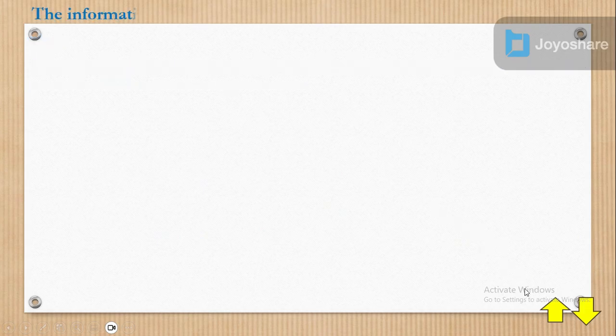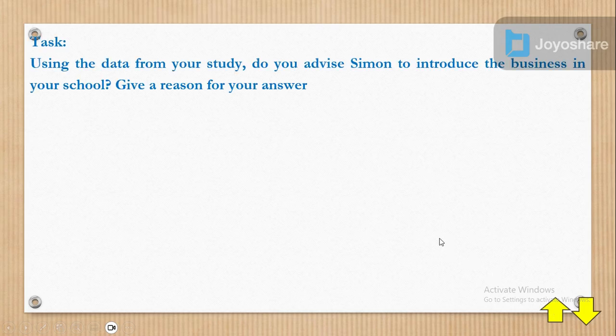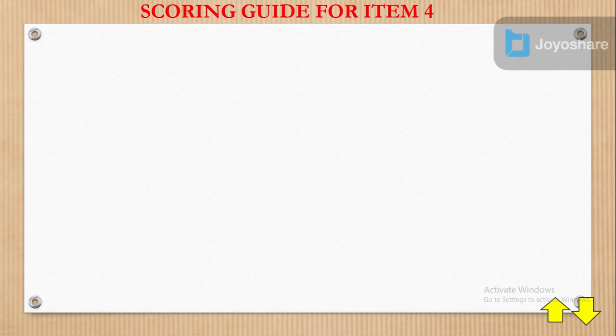Okay. I think let's summarize from here first of all. So let's see the scoring guide for item 4. So we shall say now, let C represent the number of learners who love chocolate flavor.